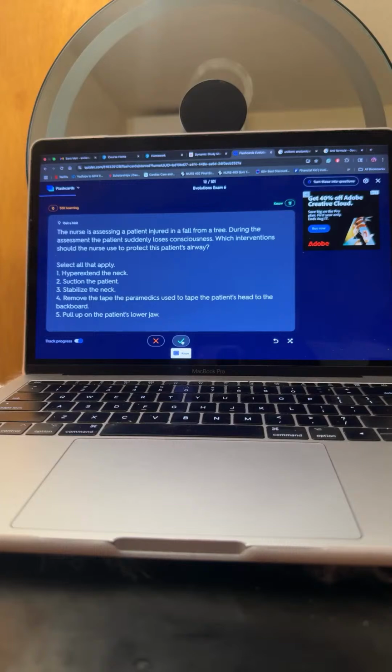The nurse is assessing a patient injured in a fall from a tree. During the assessment, the patient suddenly loses consciousness. Which intervention should the nurse use to protect this patient's airway? To protect the airway, we always want to stabilize the neck. We do not want to hyperextend.